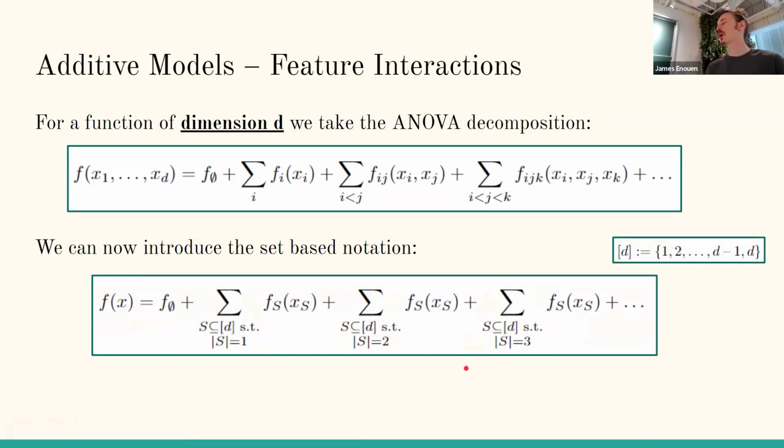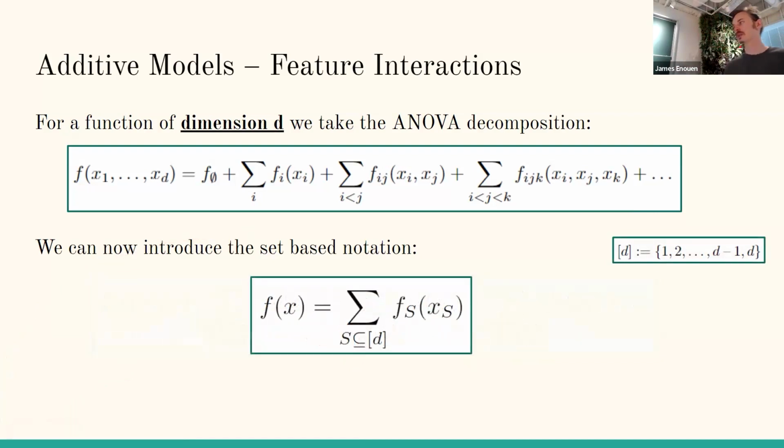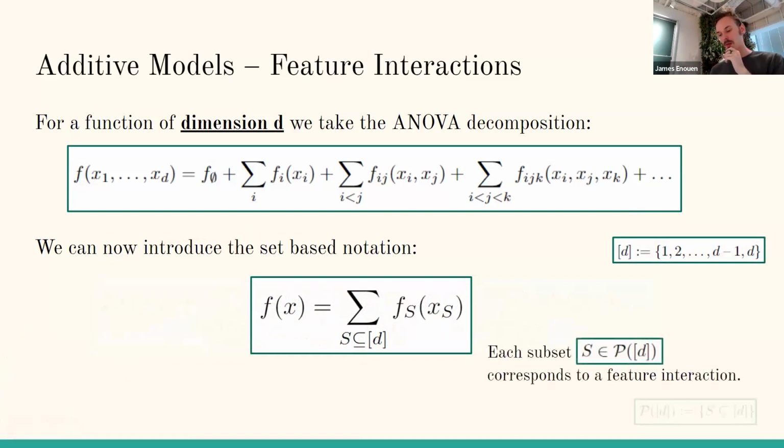But we can just put all of those together and write it as the sum over all subsets. And this will be our functional ANOVA decomposition. And we'll also introduce the notation of bracket D, which is just the set of features 1 through D, and then the power set of D, which is just all subsets of the features.